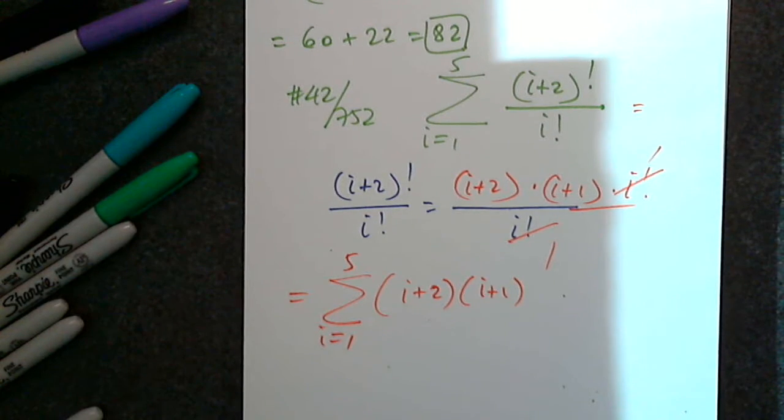So let's do this together. We go back to math, up to the summation notation. And we have from i, or in other words, x equals 1, till 5. And in parentheses, I have x plus 2, close the parenthesis, and then open another one, x plus 1.